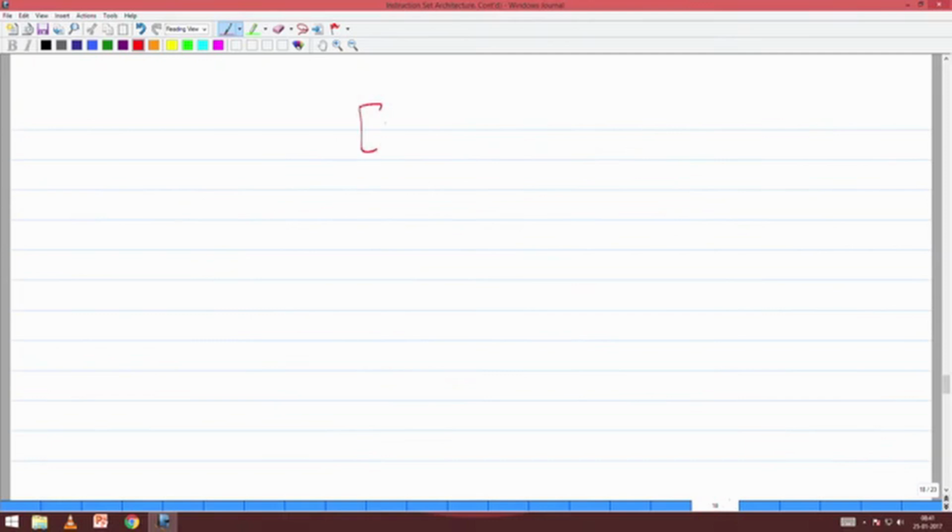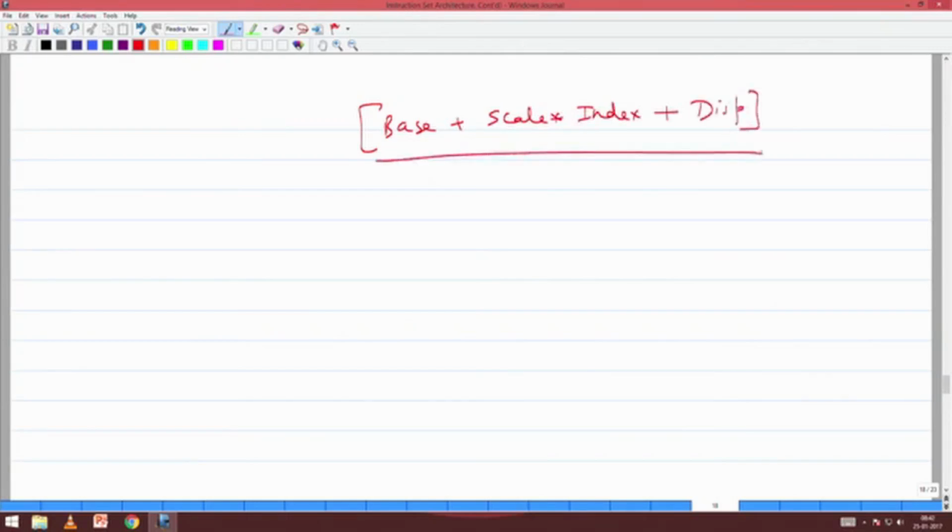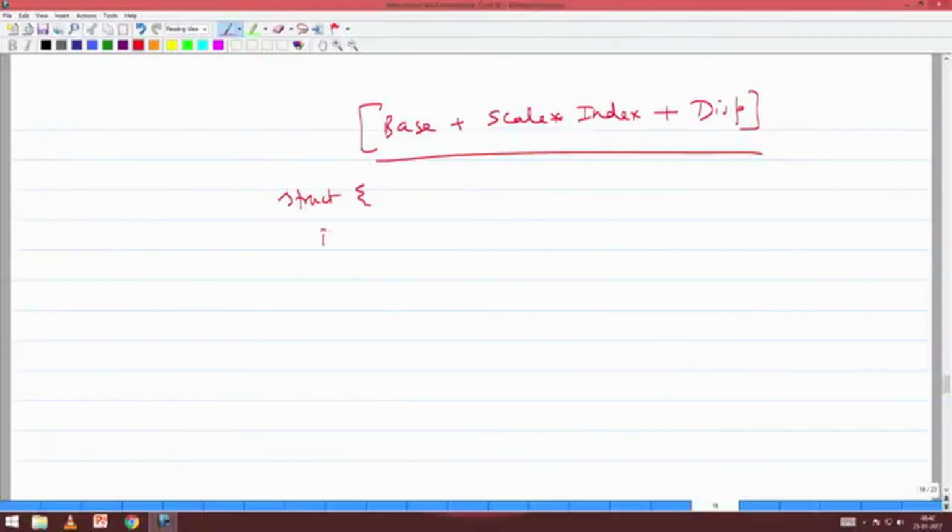But then we need to go and talk about the other parts. So, I said base plus scale into index plus displacement. How do you do this? When will I use base plus displacement? Suppose I have a struct, so I have int I, int j and something, okay.